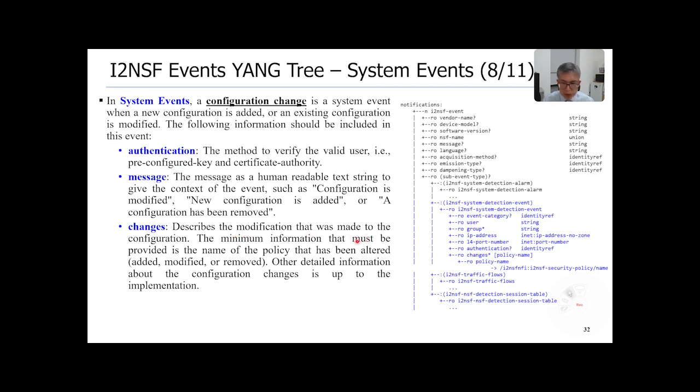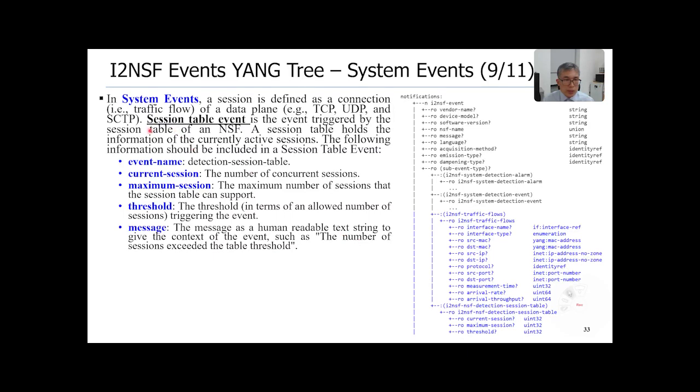The changes describe the modification that was made to the configuration. And the system event, the session table event, is defined as a connection, a traffic flow over the data plane, like TCP, UDP, and SCTP transport layer. So the session table event is the event triggered by the session table of an NSF. This table holds the information of currently active sessions.